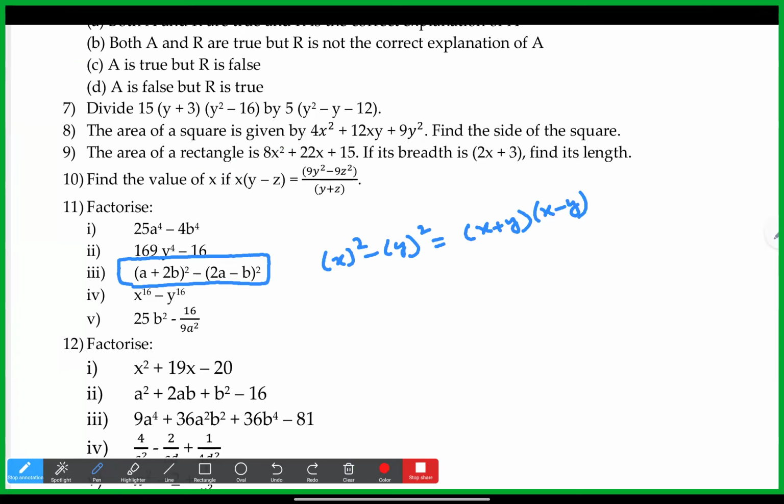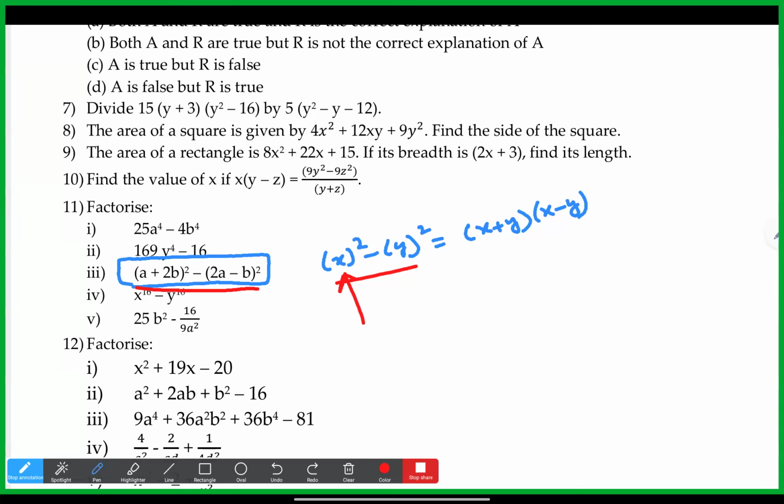Now, if you just observe this, in the place of x, if you imagine it, what is there, Maisha? Actually, whatever is inside the bracket is x, because square is there.